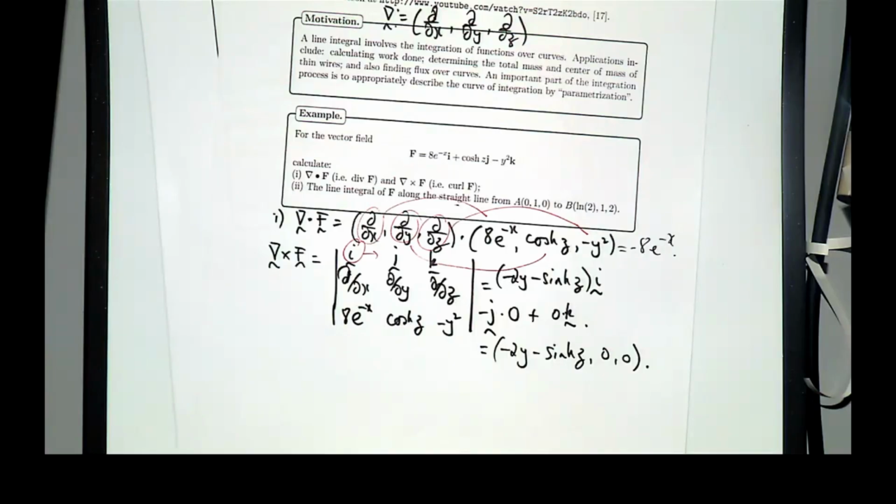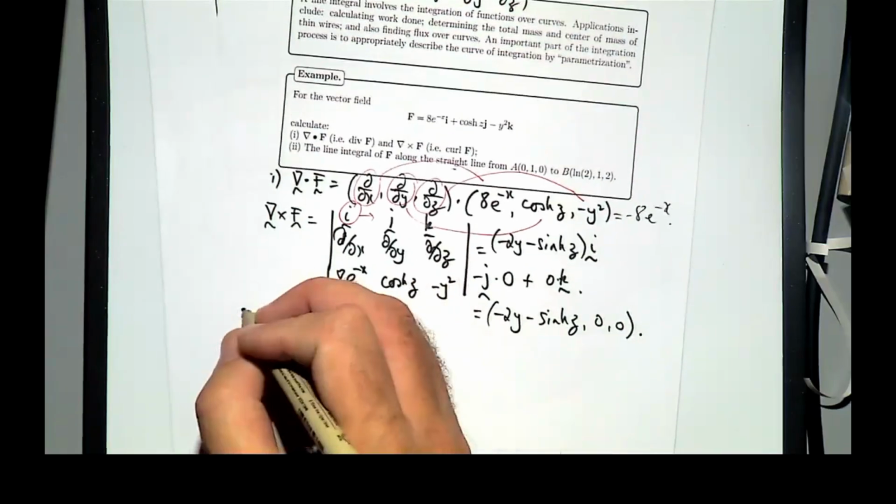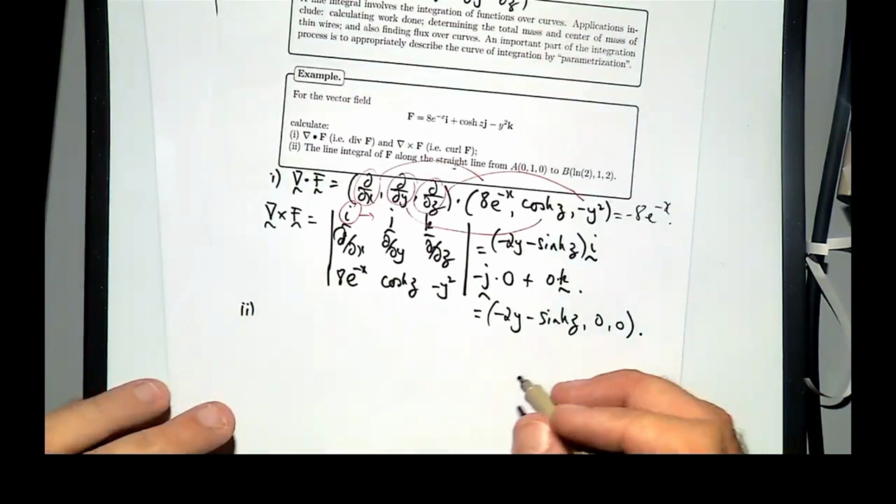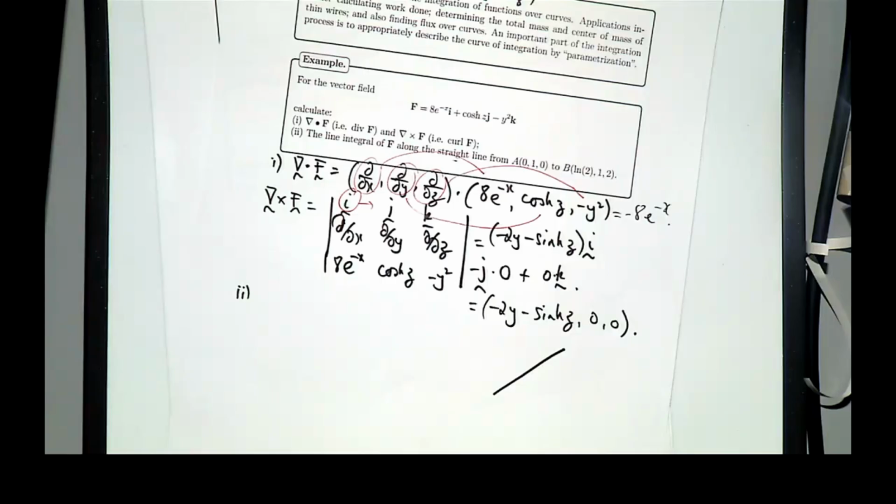All right, so now it gets a little bit more interesting. With part 2, you've got a line integral and the segment is sort of sitting in three-dimensional space. How do we do that? Okay, so the first thing that I usually do with these problems is I draw a little picture.